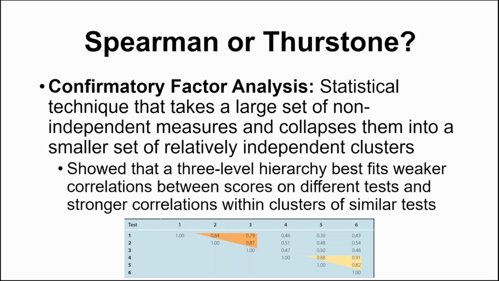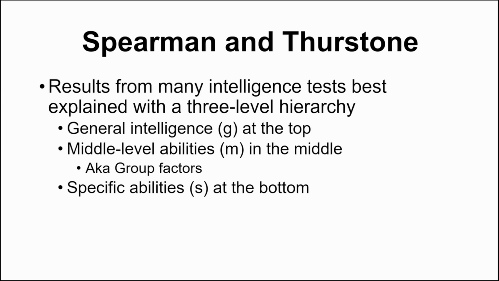So we've added this level of complexity, and we're now at a 3-level hierarchy rather than Spearman's original 2-level or 2-factor hierarchy. And we've basically just stuck Thurstone's clusters somewhere in the middle, marrying the two theories together.